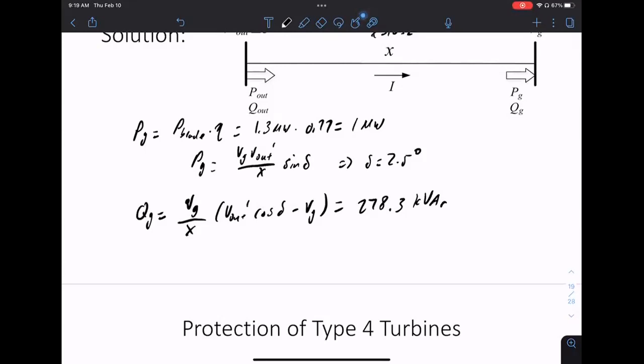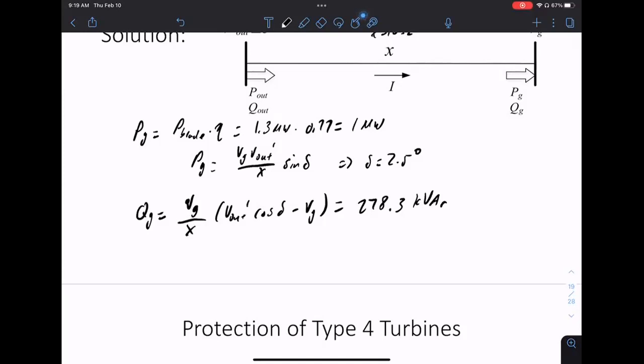There's some loss through that chain, so that's the efficiency. Okay, any other questions? So the equations here are for most of the equations for type 4. For us, it's just a synchronous generator that happens to sit after a blade of the wind turbine.